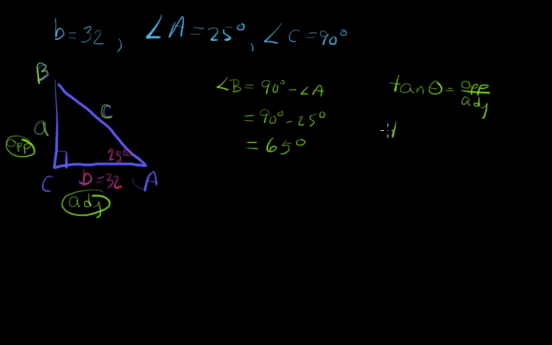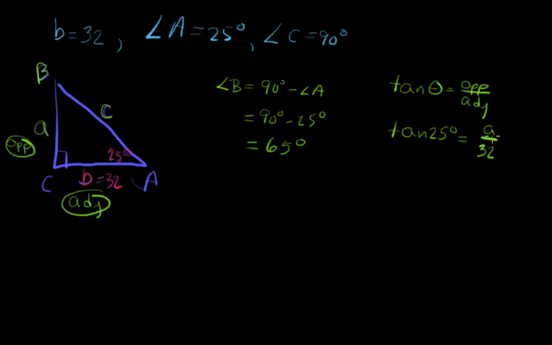So in this case, the tangent of angle A, which is 25 degrees, equals the opposite leg, which is side A, divided by the adjacent side, which is 32. We now have an equation that has one variable in it. We can use our solving techniques for equations in order to solve this.